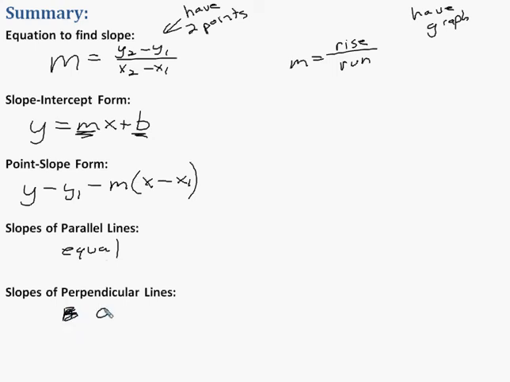Actually, I used the word opposite before. Opposite reciprocals. So if the original slope is negative 7/2, then the slope of a perpendicular line would be positive, because we make it the opposite, 2/7.